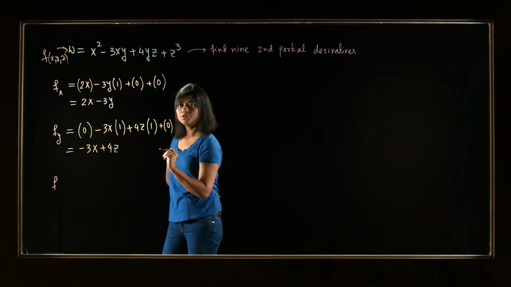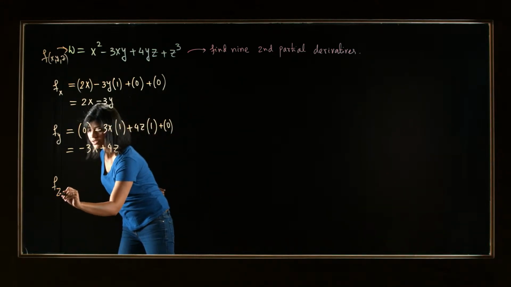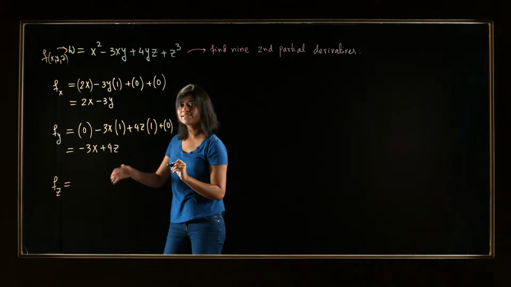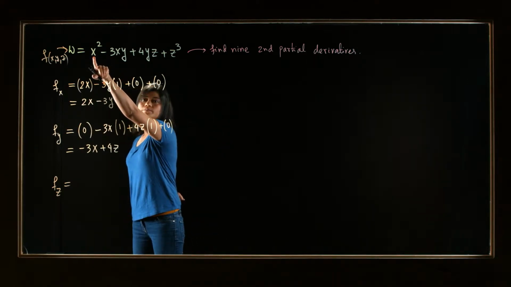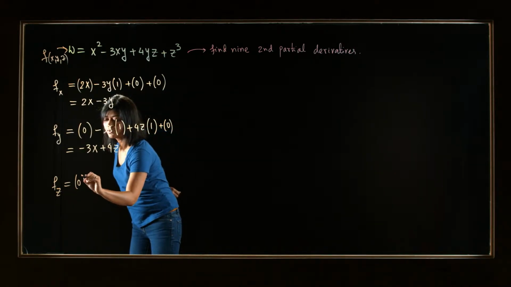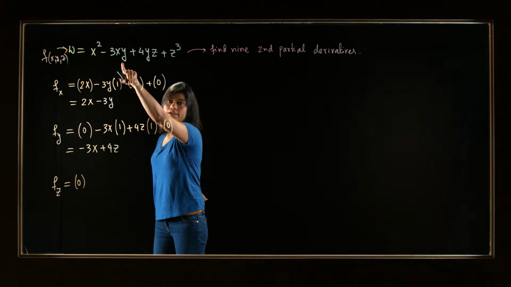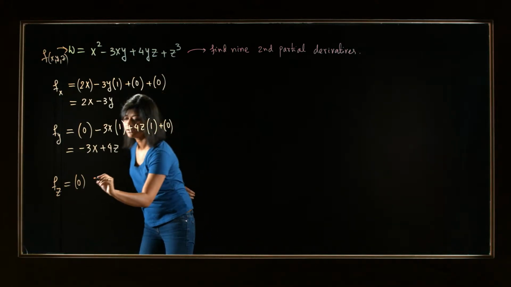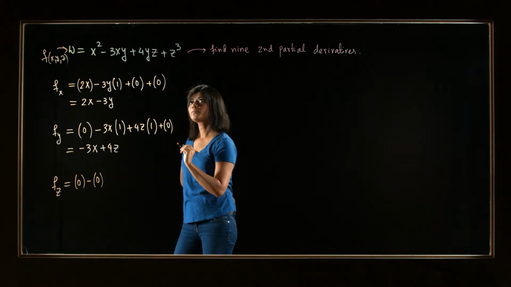Lastly, we have to figure out the first partial derivative with respect to z, so fz. Now x and y are both constant. The first term has no z, so this entire thing is a constant, so the derivative is 0. Second term is 3xy, again no z, so the derivative is 0.